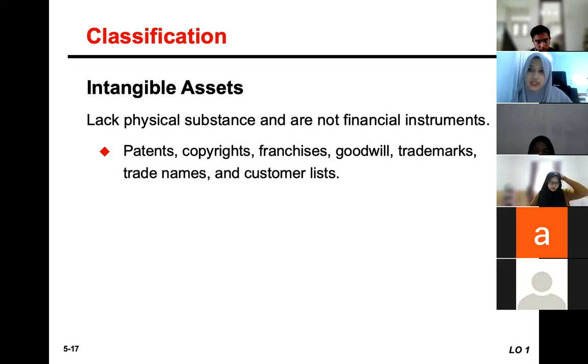So goodwill is only recorded whenever there is a business combination. If there is a merger between two companies, only then will we record goodwill. There is no internally created goodwill.